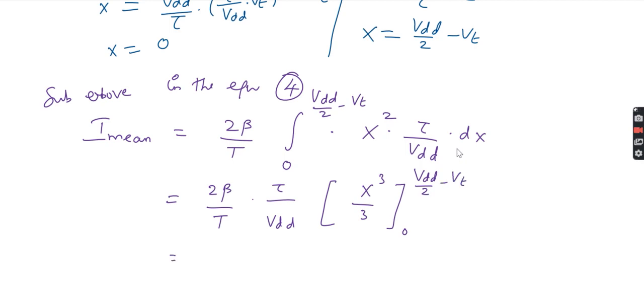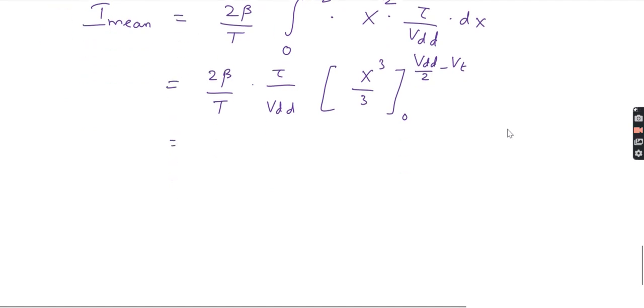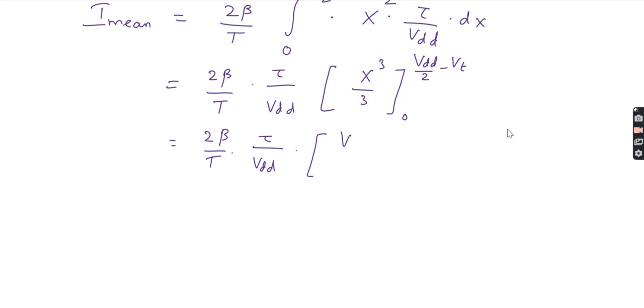Now again do the simplification. I'll get 2 beta by t into tau by VDD into the upper interval, so VDD by 2 minus Vt the whole cube divided by 3 minus 0.